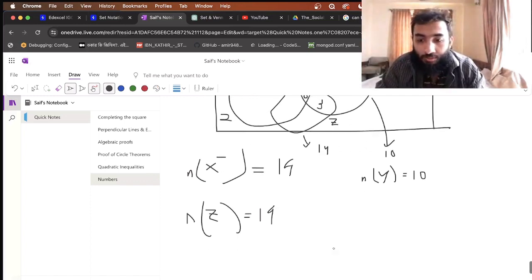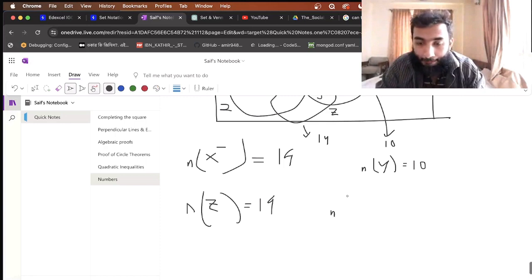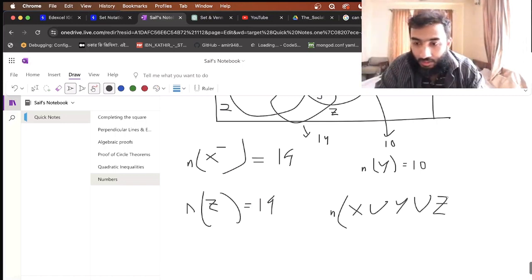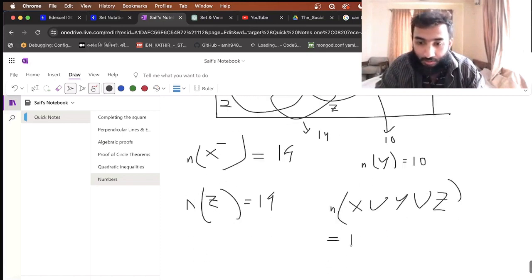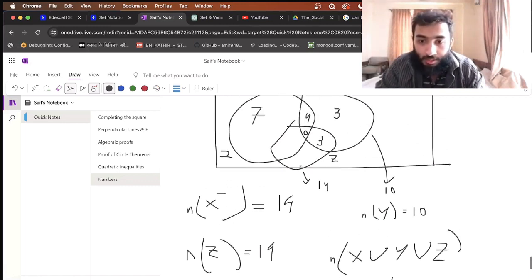So the total number of elements in x union y union z is the number of y, given as 4 plus 3 plus 3, which is 10, plus the total number of elements in z, 14, minus the common, which is 0 and 3.